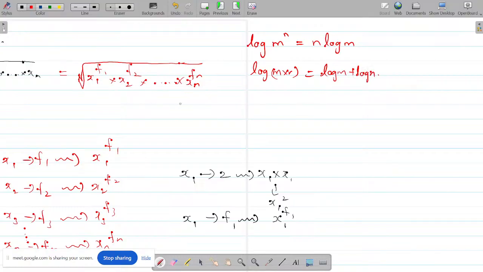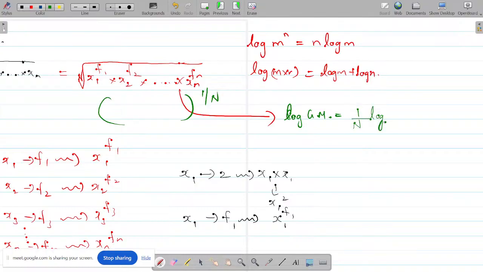Now let me apply this over here. What happens? Next step. Taking log of the geometric mean, I have the nth root, which means the whole thing taken to the power of 1 by capital N. So this becomes 1 by capital N log of, everything taken inside the bracket, x1 power f1 into x2 power f2, so on up to xn power fn.